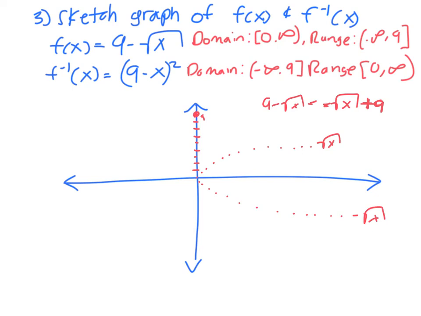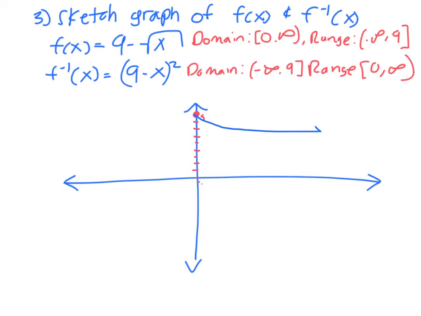So the graph of f of x is going to be a downward curve like this. All right, I'm going to erase some of this to clean it up a little. So this is the graph of f of x.